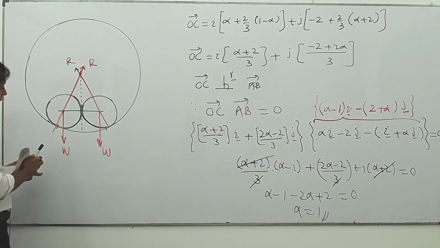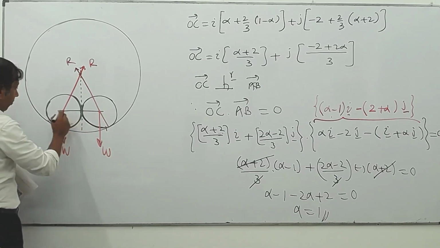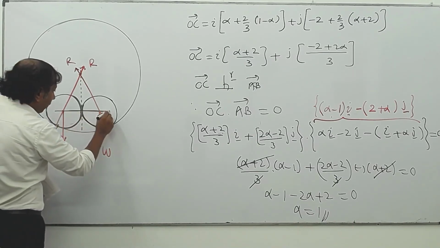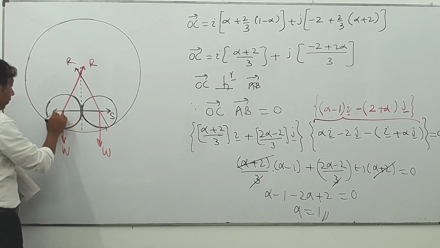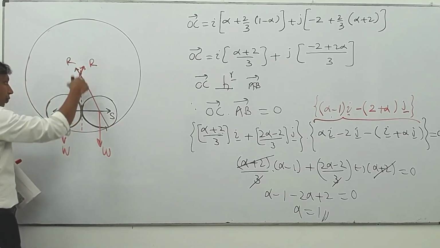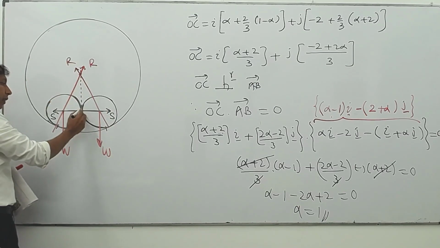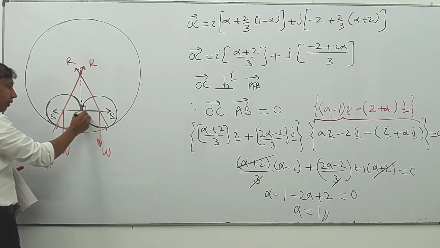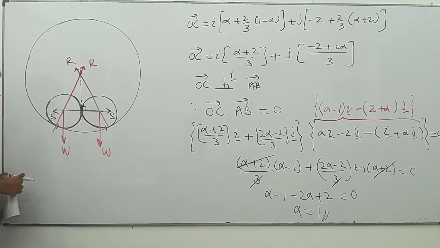Also, the reactions between the spheres are equal and opposite. Due to symmetry, the reaction S is perpendicular to what? The line joining the centers. That you have to understand.